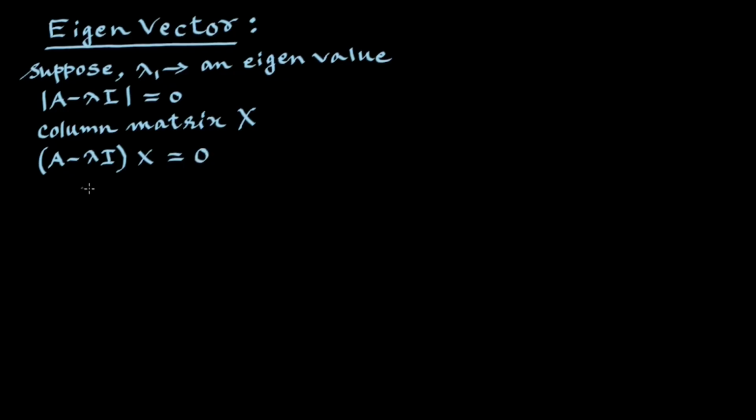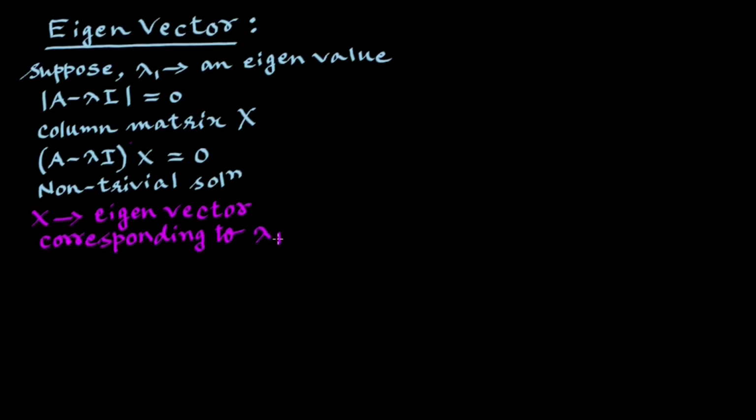Obviously, this system of equations has a non-trivial solution because there is zero vector on the right hand side, as we have discussed in the previous videos. Here, this vector X is called the eigenvector corresponding to the eigenvalue lambda 1.